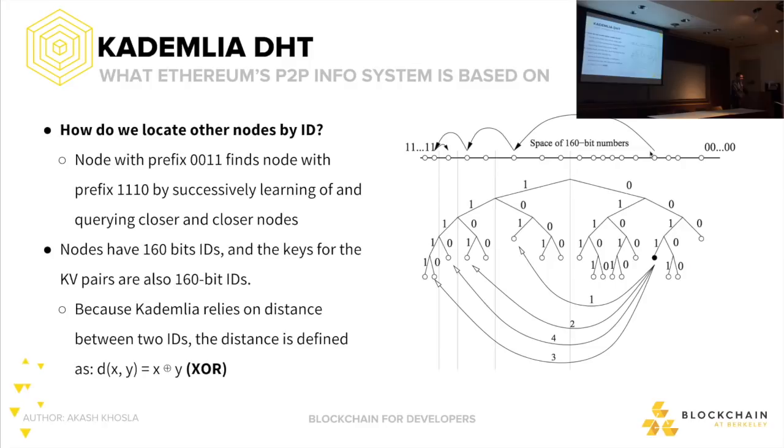Say we're trying to converge on prefix 1110, and our node is 0011, so we start at 0011.